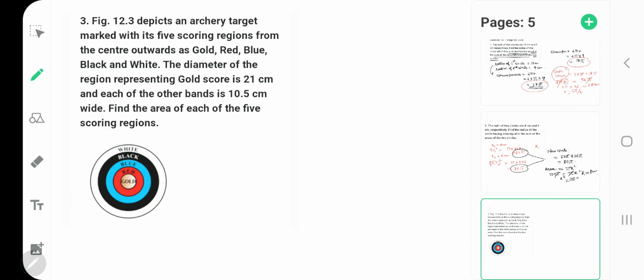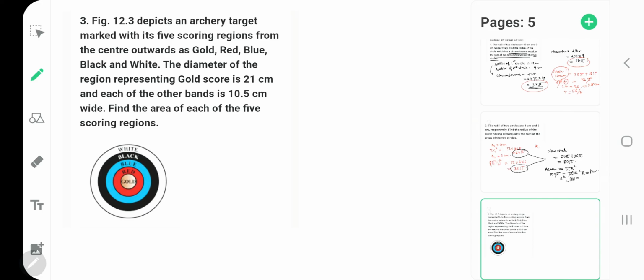The diameter of each region representing gold score is 21 centimeter and each of other bands is 10.5 centimeter wider. Find the area of each of the 5 scoring regions. Now one by one you have to take the area of all the scoring regions, that is from gold to white. You have to take the area.